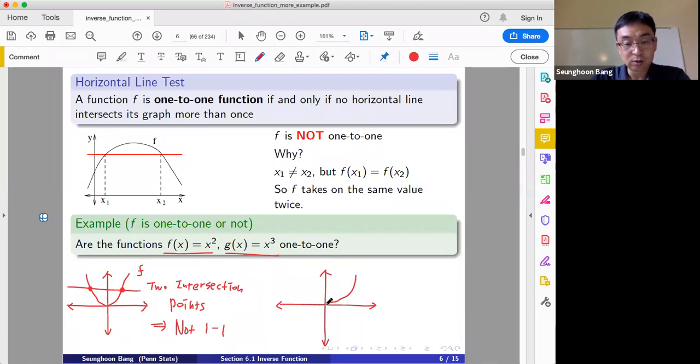This is g of x. You can draw any horizontal line. How many intersection points? Exactly one intersection point. What does it mean? The function is one-to-one. This is the whole idea.